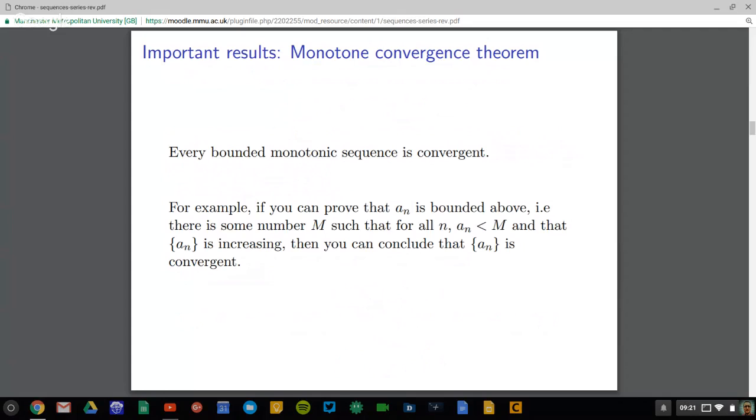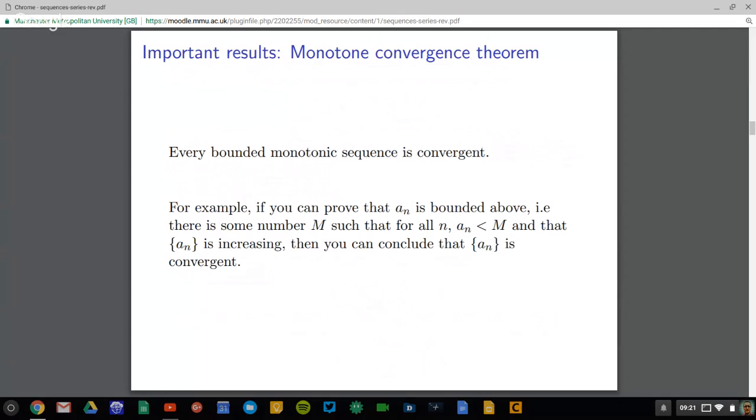So for example, if we prove that a sequence a_n is bounded above, all of its terms are strictly less than some upper bound, capital M, and you also know that the sequence a_n is increasing, forever getting bigger and bigger, but there's a limit to how big it can get. Well, the monotone convergence theorem tells us that forces the sequence to converge to something.